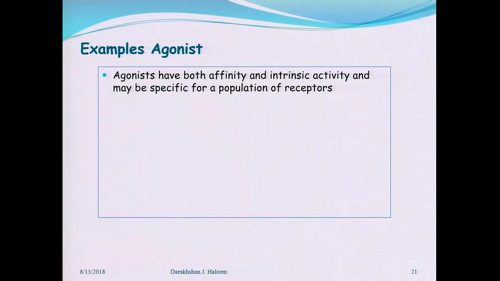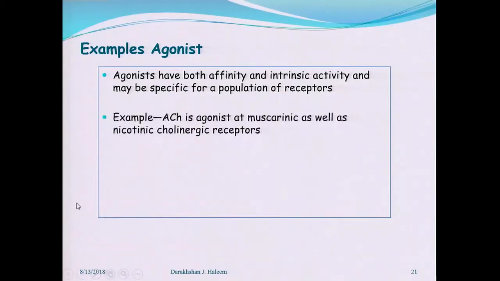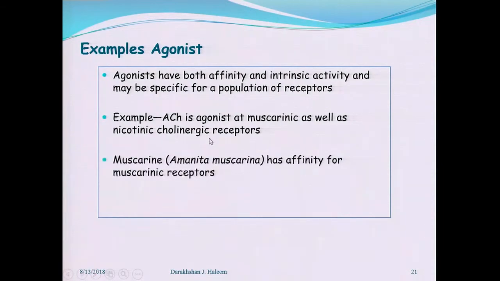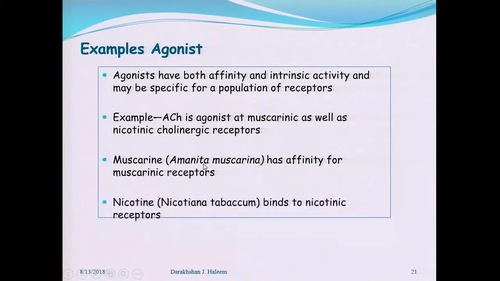It will bind to more than one type of receptor. Acetylcholine is an agonist at muscarinic as well as nicotinic cholinergic receptors. Muscarine is selective for muscarinic receptors. Nicotine is specific for nicotinic receptors.